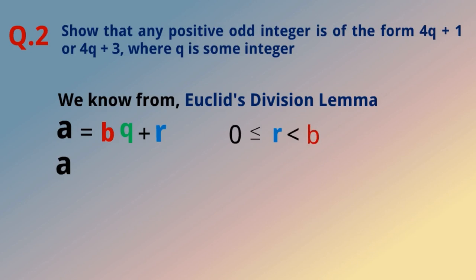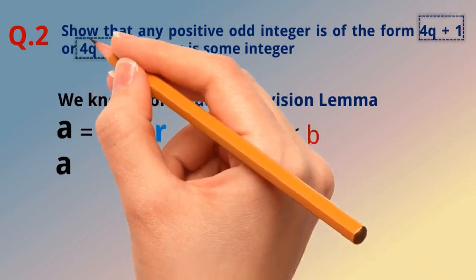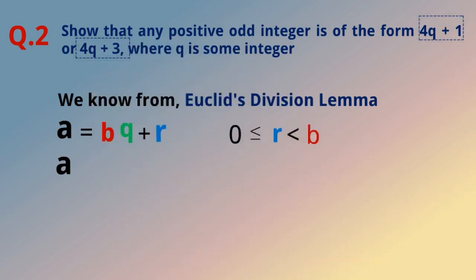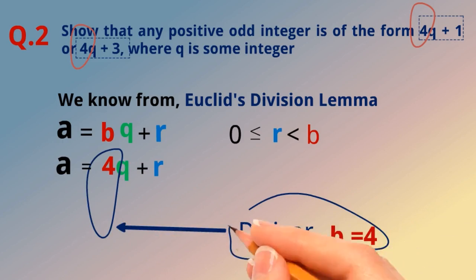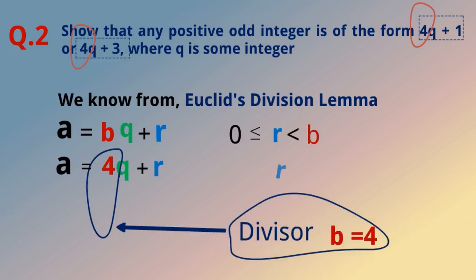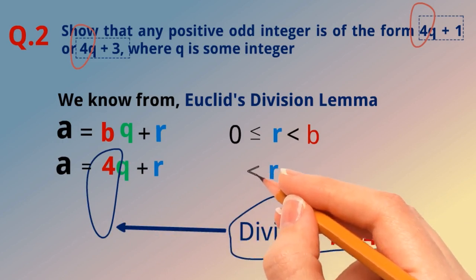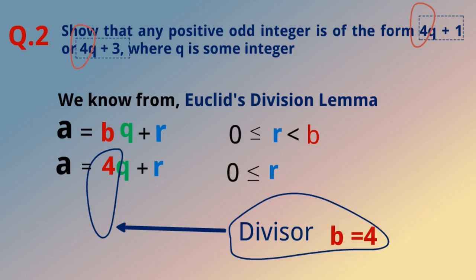From this question, you can see 4q plus 1 and 4q plus 3. Now 4, what is this? 4 is the divisor. We know from Euclid's Division Lemma a is equal to 4q plus r. Now from Euclid's Division Lemma we can write r is greater than or equal to 0 but less than b, which is 4.